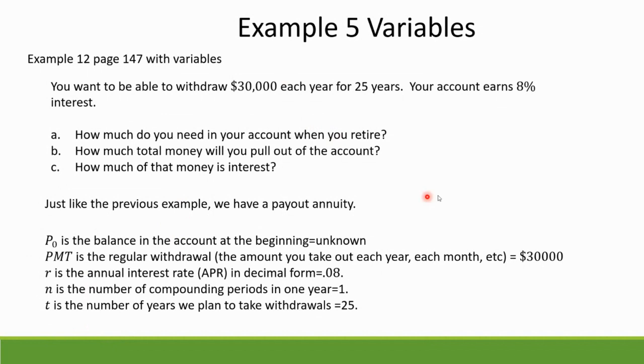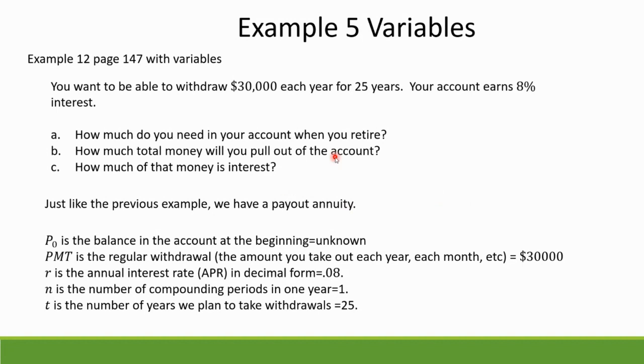Just like in the previous example, we are assuming that, unless stated otherwise, the number of compounding periods in a year equals the number of withdrawals you make each year, or deposits each year.